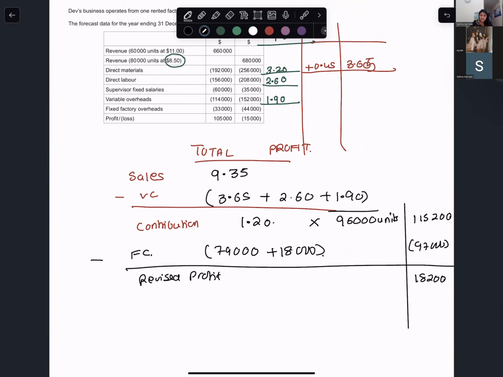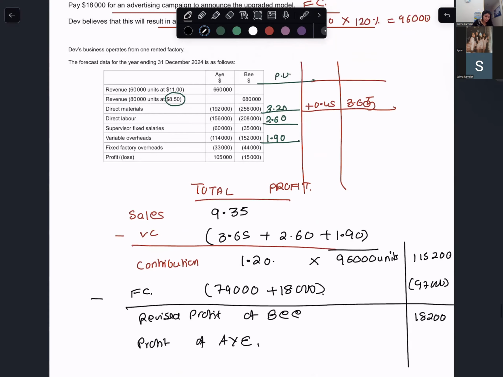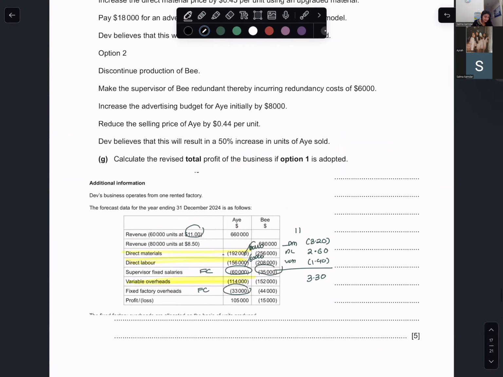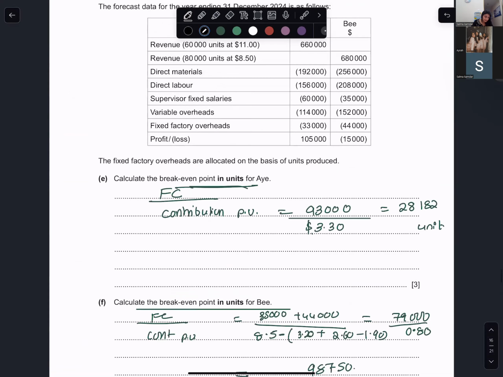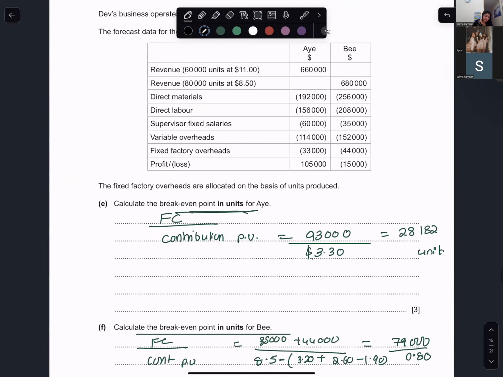So they want the total profit, right? If option 1 is adopted. So we now have profit of B. What is profit of I? We have to find profit of I, which is directly given to us.